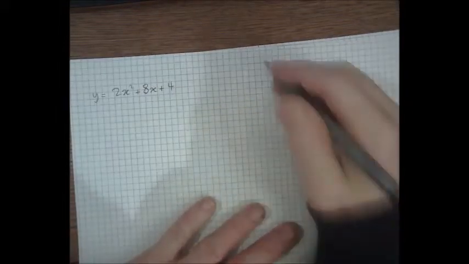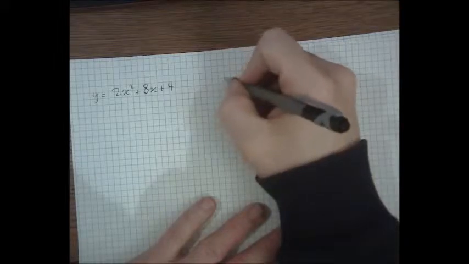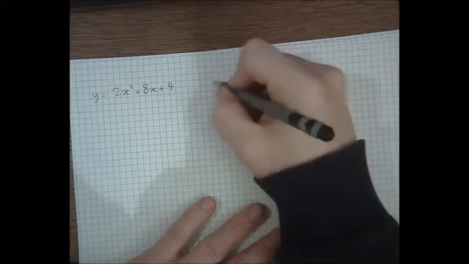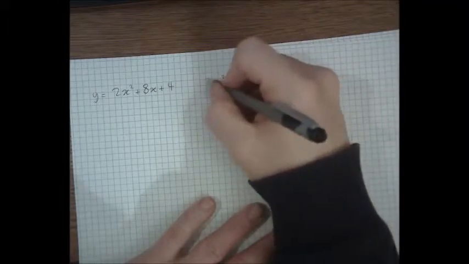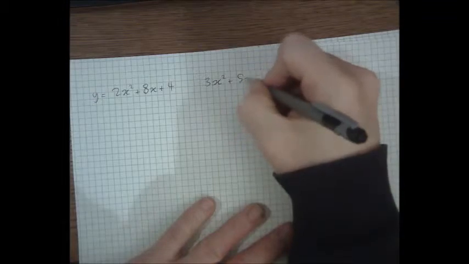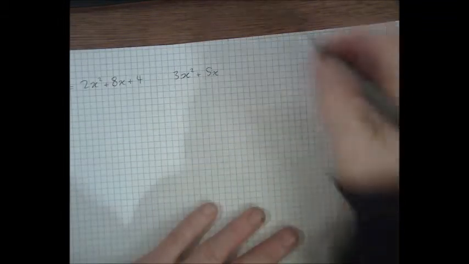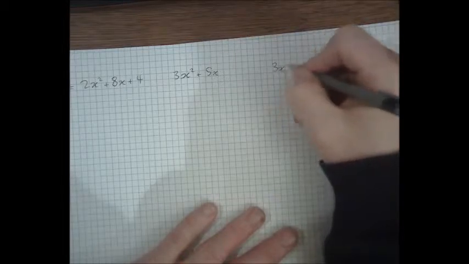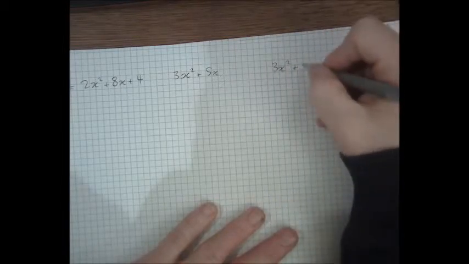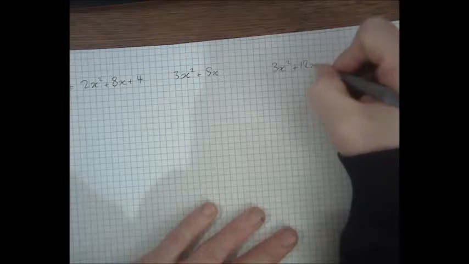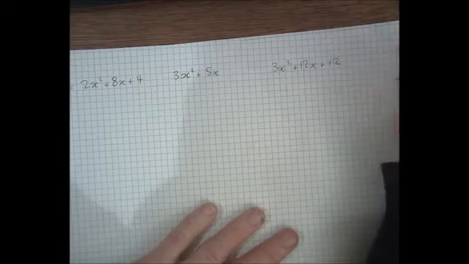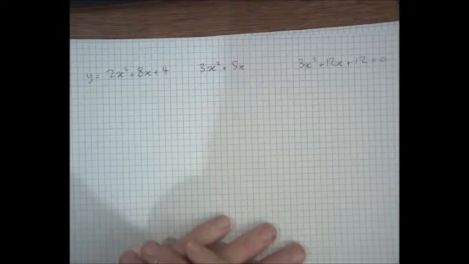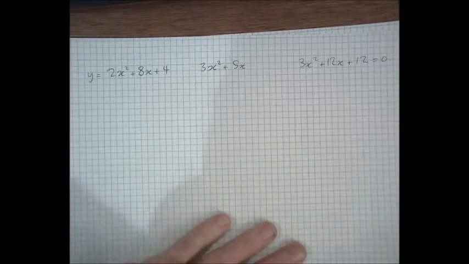I'm going to have also, let's say, 3x squared plus 5x, and I'm also going to have 3x squared plus let's say 12x plus 12 equals 0.